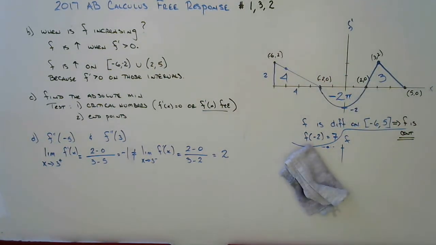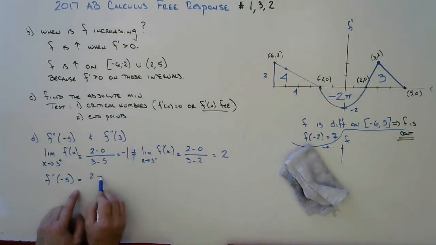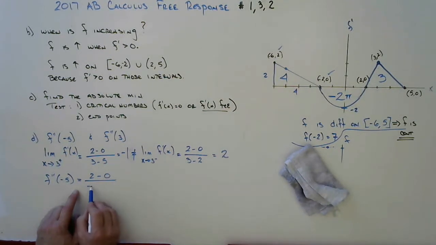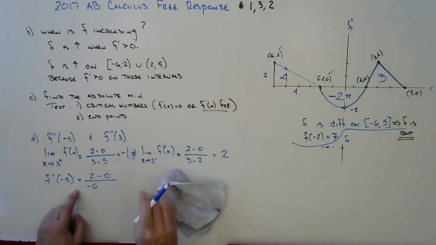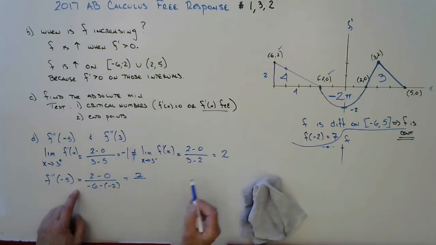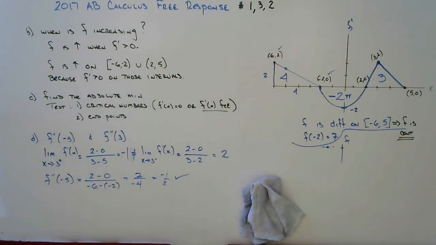Well, that's the slope right there. That's not a corner or a cusp, or a vertical tangent line, so we know this is going to exist. So what do we get here? We get 2 minus 0, y minus y, over negative 6 minus negative 2. So that's 2 over negative 4, which is negative 1/2, and therefore it exists.